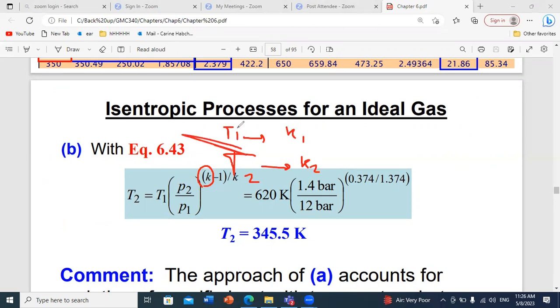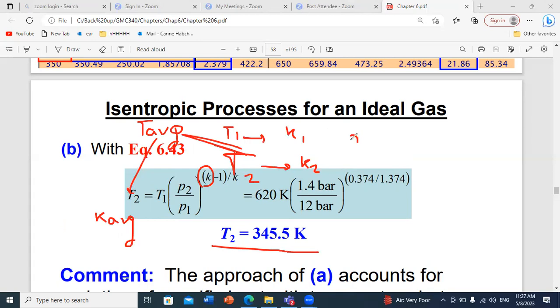Once I determine T1 and T2, I can find T average. And for this T average, if I go to the table, I can get an average value of K. So it won't be extreme, neither the highest nor the lowest. In this way, you can have a better computation for T2, because K will be assessed in a better way.